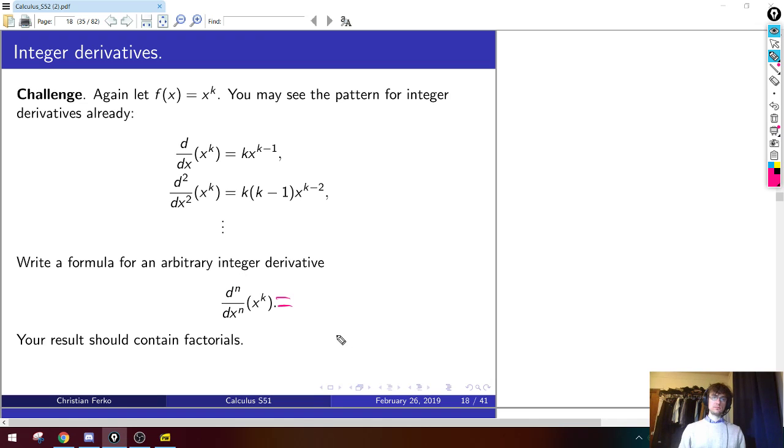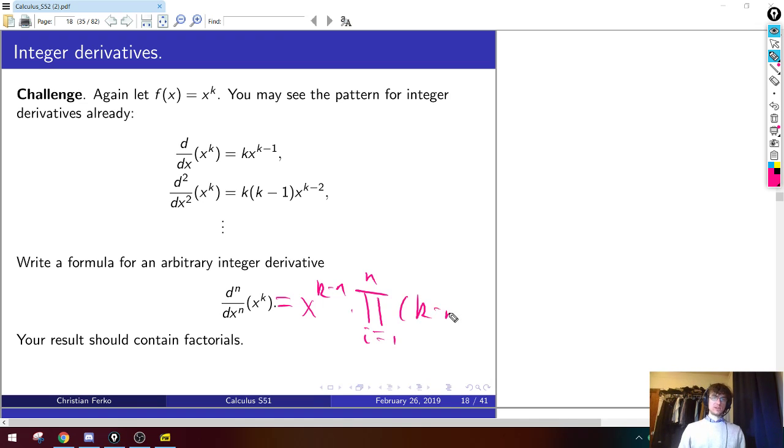So, I guess, let's see. This is going to equal x to the k minus n. Good. Times the product from, let me think, I guess 1 to n of k minus n.